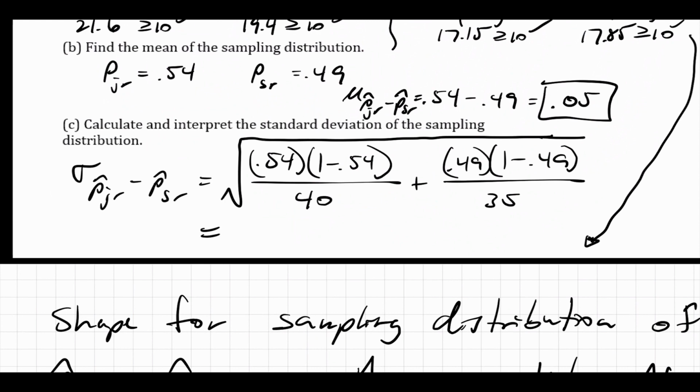Take the square root of that, and I get, let me double check my math to make sure I got the right thing. I think I got the right thing. All right. And that is it.